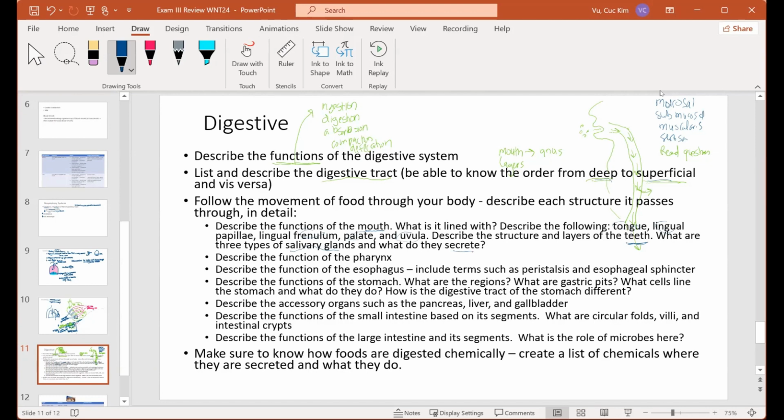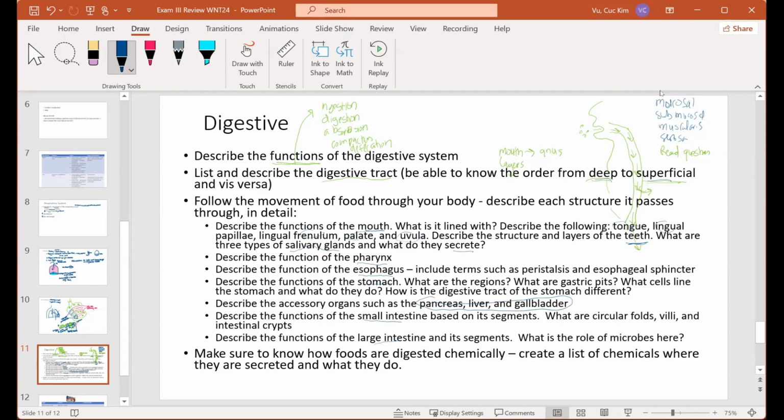Okay. Follow the movement of food through the pharynx, into the esophagus, to the stomach, to the small intestine, to the large intestine, and then also know the accessory organs. Okay.